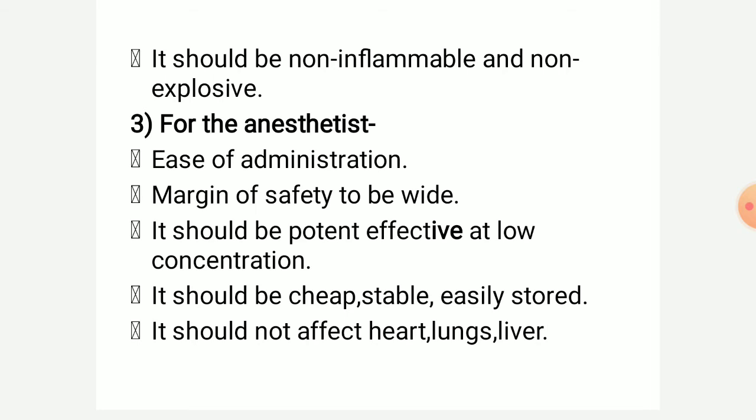And for the anesthetist, ease of administration, margin of safety should be wide, it should be potent, effective at low concentration, it should be cheap, stable and easily stored. It should not affect the heart, lungs and liver. So these are the ideal properties of a general anesthetic.